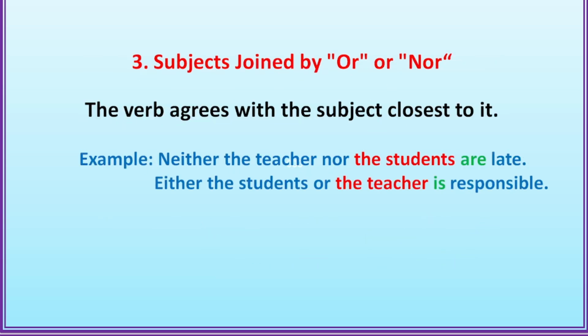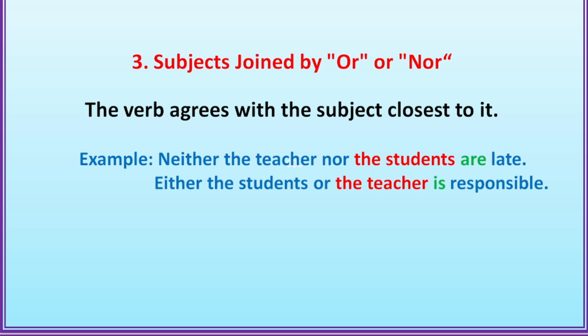Subjects joined by or, nor. The verb agrees with the subject closest to it. It means if any two subjects are joined by or, nor, then we have to use the verb according to the nearest subject. For example: Neither the teacher nor the students are late.